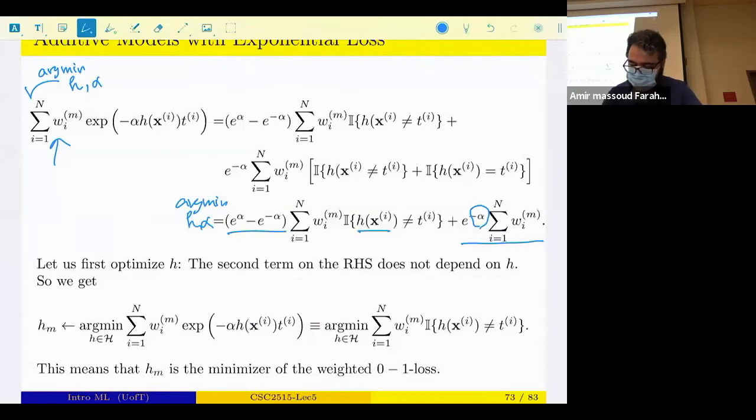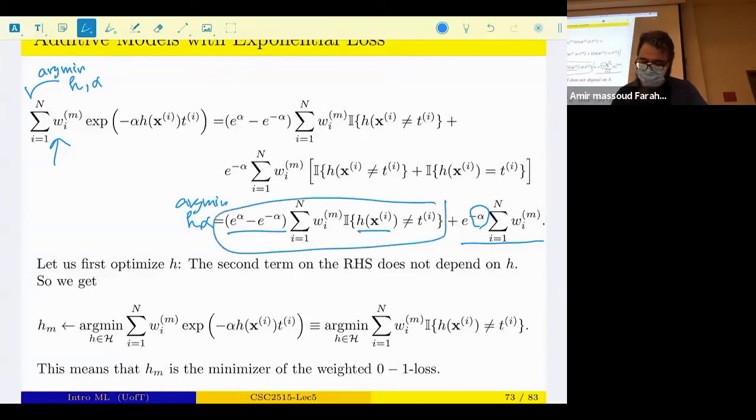And then because the second term does not depend on h, we can ignore it. We can just focus on the argmin of this part for h. So let's first optimize h. What I'm doing here is exactly that. The second term on the right-hand side does not depend on h. So we get that h_m would be the argmin of the first thing that we started with, the exponential loss, which would be equivalent to the argmin of w_i^m times the indicator of h(x_i) being different than t_i.